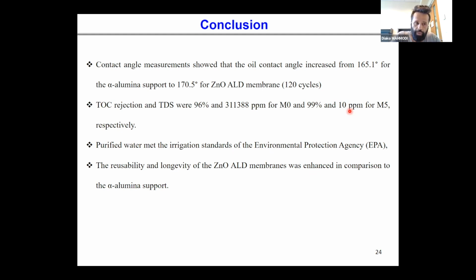Pure filtered water or clean water met all the EPA requirements for agricultural purposes, especially for irrigation. The reusability and longevity of the zinc oxide ALD membranes was enhanced in comparison to the alpha alumina support.